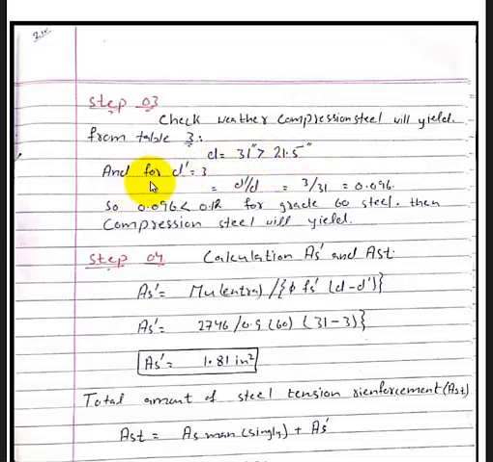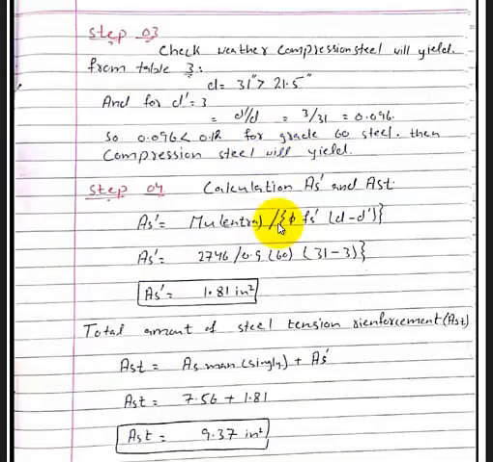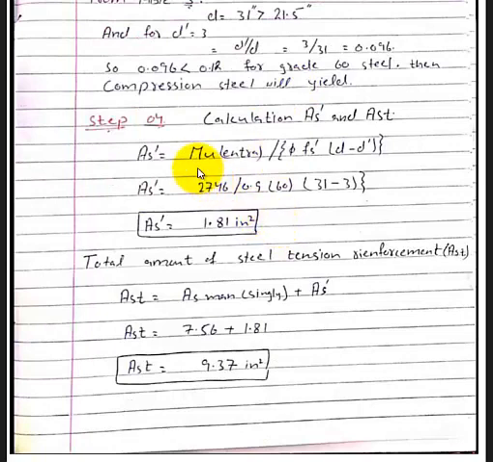Now for d dash, which is 3, d dash by d is 3 by 31, which is 0.096, and the design value the table gives us is 0.12. So it is less than 0.12 for grade 60 steel, which means the compression steel will also yield. We will design for this as well.